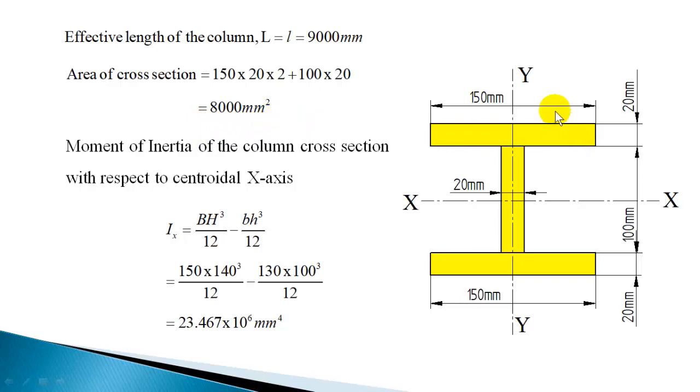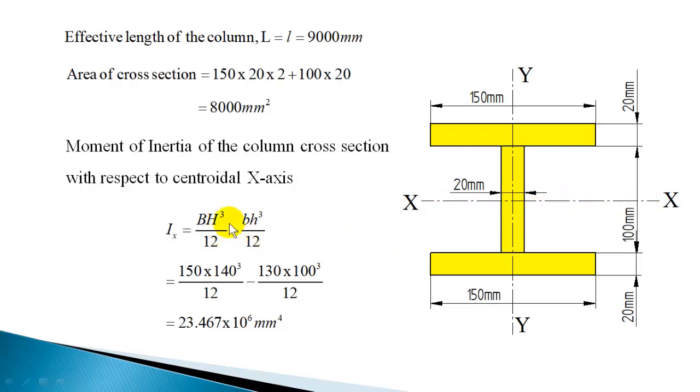Now to find out the moment of inertia of the symmetrical I section, we can use a formula like the one given for a box type column. So with respect to the x-axis, we can use a simplified formula like the one I gave for a box type column.